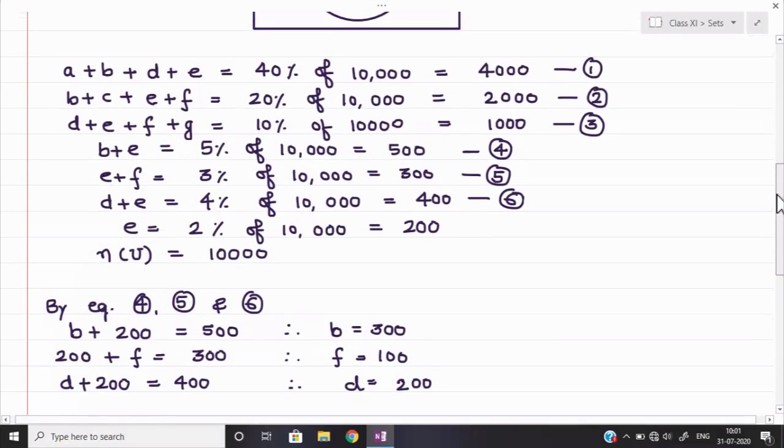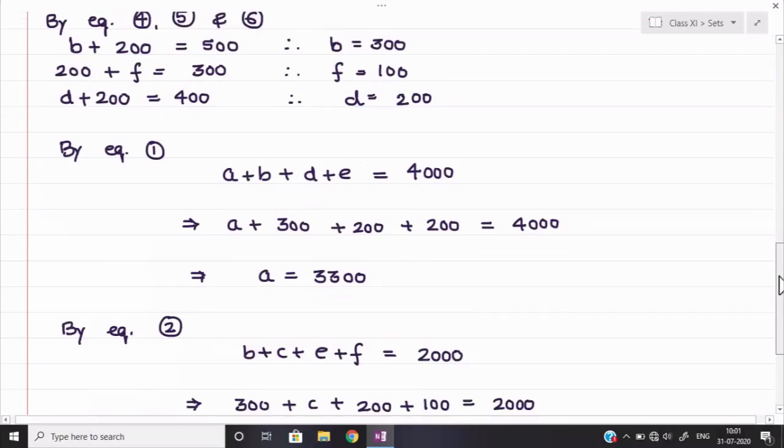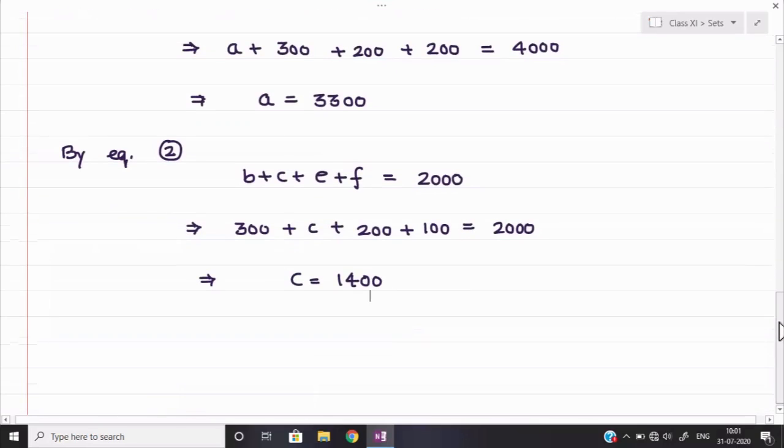So see the equation number third, D plus E plus F plus G is equal to 1000 we have, and we already have the values of D, E and F that we shall put in and we'll get the value of G. So D plus E plus F plus G, I will write down first here by equation number third.